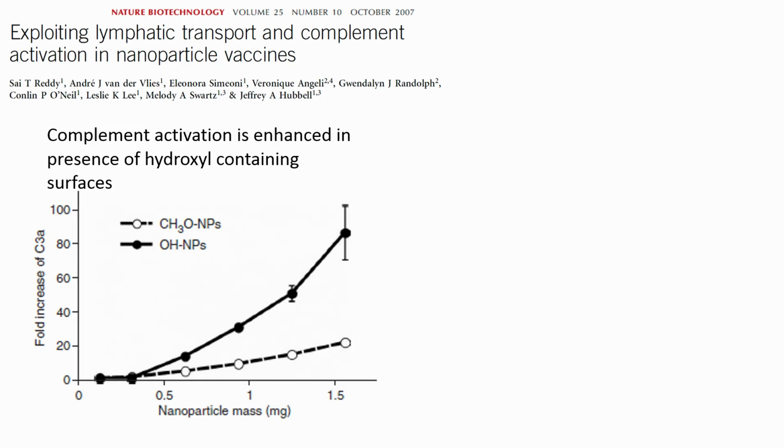So what they did is, they took this 25 nanometer particle and made it with different functional groups on the surface.